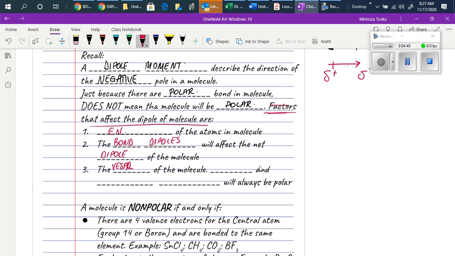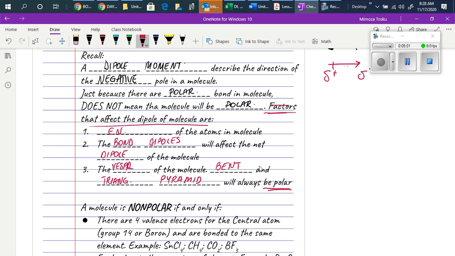And what do you have to keep in mind? That bent and triangular pyramid shapes will always be polar.